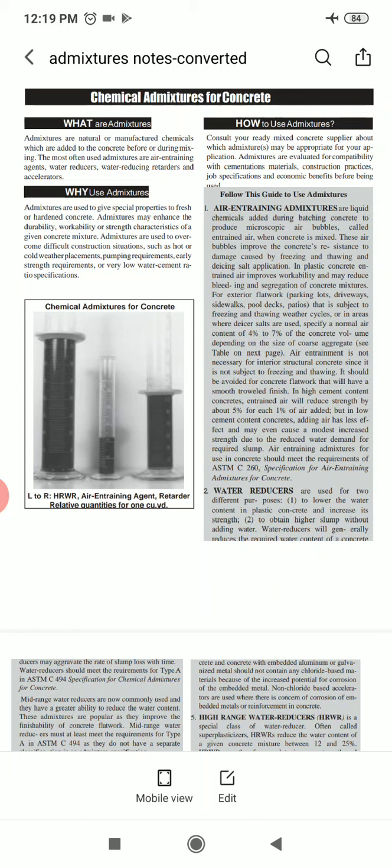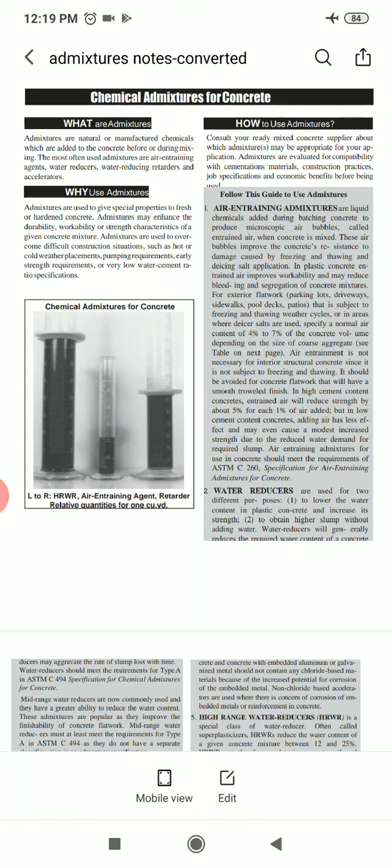How to use these admixtures? These admixtures are used in appropriate quantity whenever we are mixing the concrete ingredients. What quantity we have to use, we are going to learn in concrete mix design. During that we'll see what quantity of admixture we have to add.